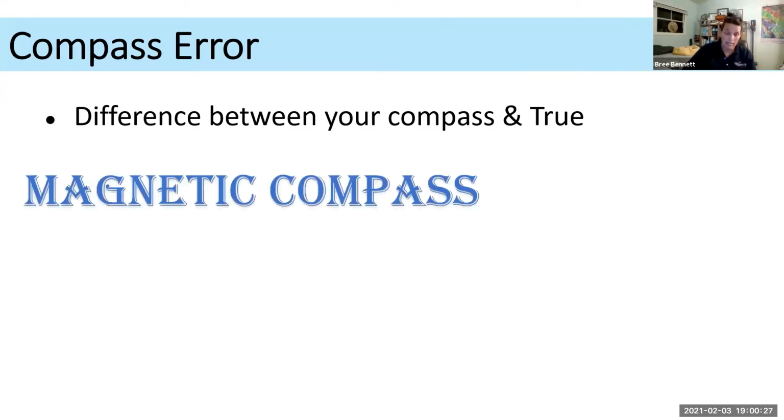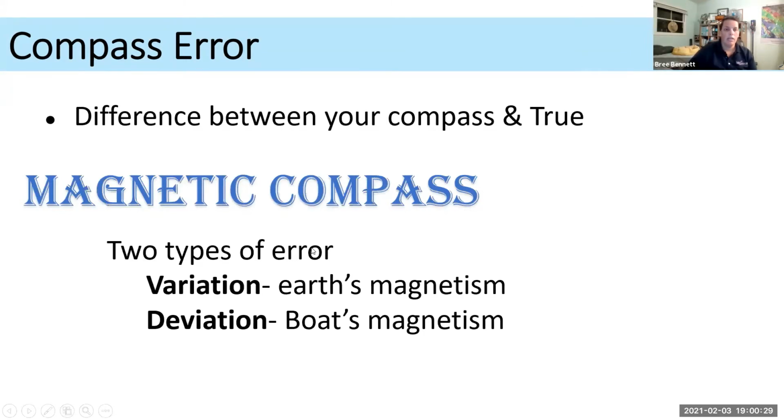So on our magnetic compass, there are two types of error that can be introduced into this. There is variation and deviation. Variation is the error created by the Earth's magnetism.